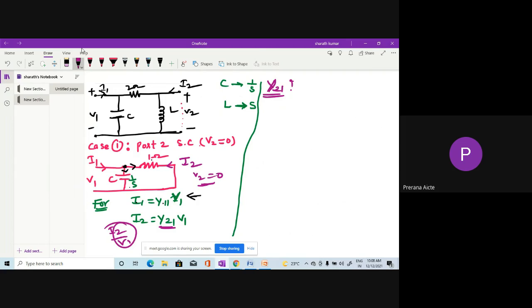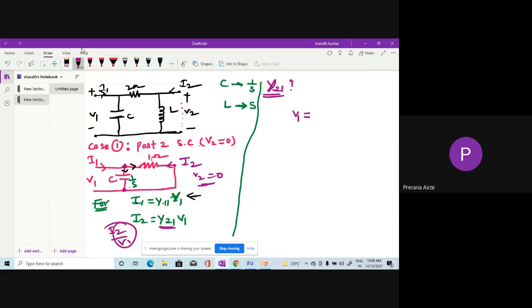So we can write V1, the applied voltage at port 1, is equal to, so this is the branch in parallel with this V1. The same voltage is here and here, and here also the same voltage.